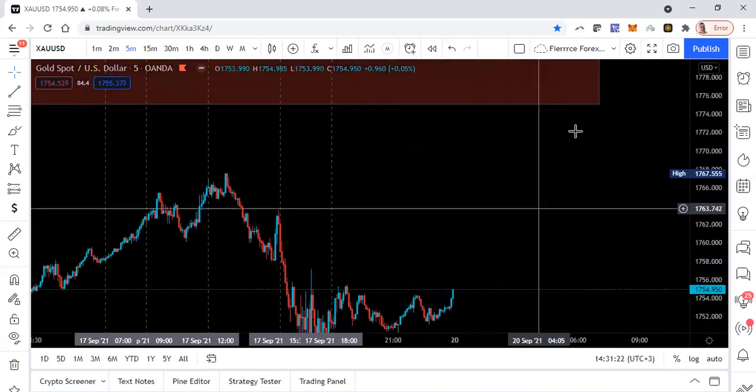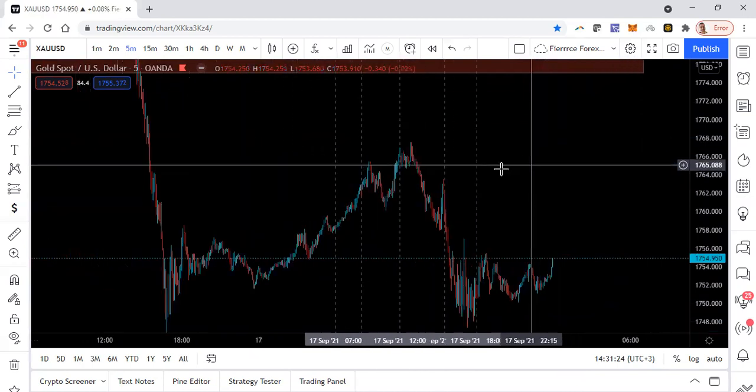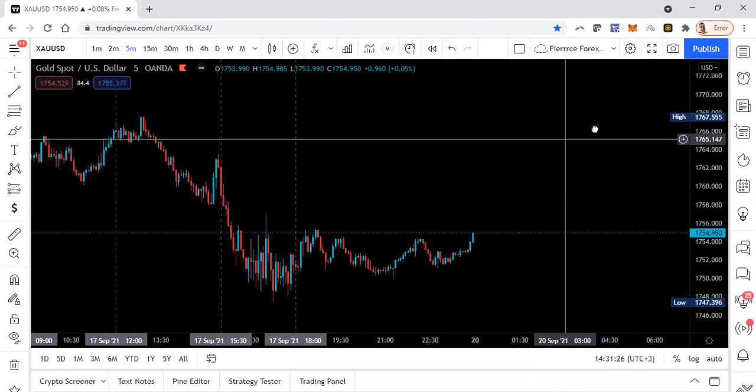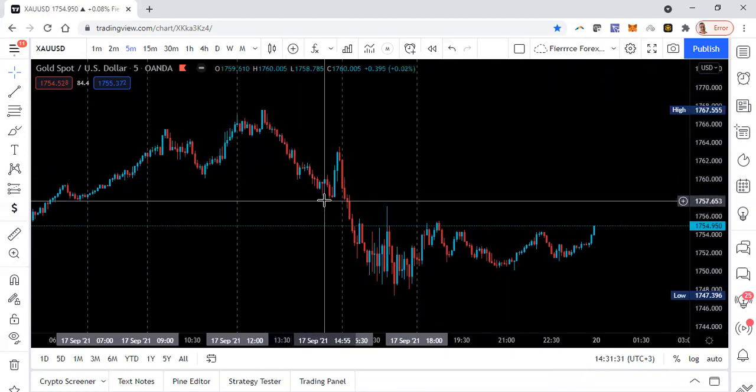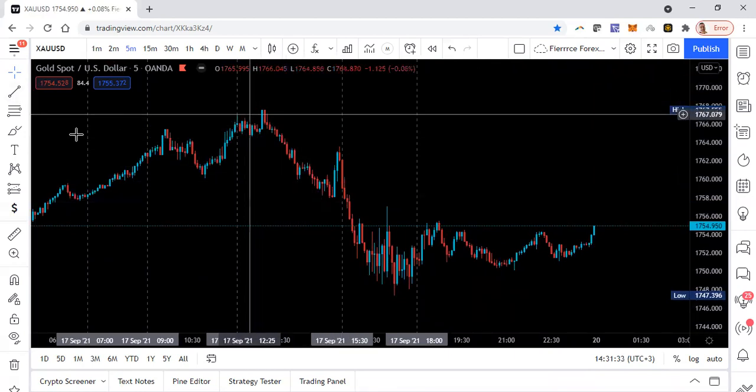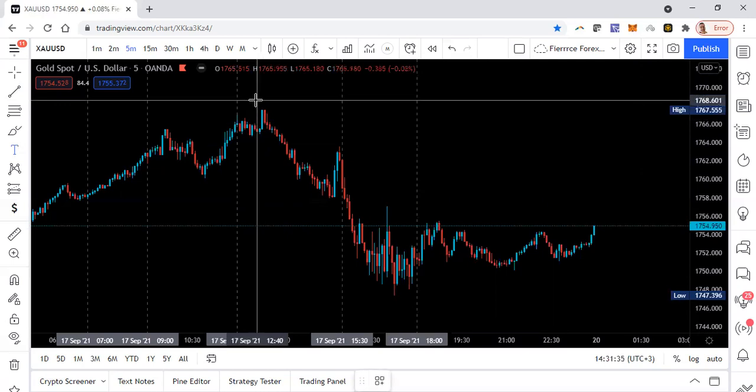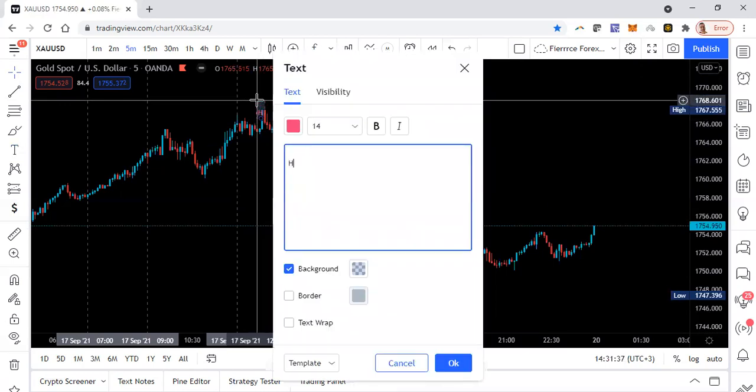Maybe I can even maximize the chart a bit so that you can see better. So price pushed down. Now, when it pushed down, it was coming from a high, which can also be a swing high.